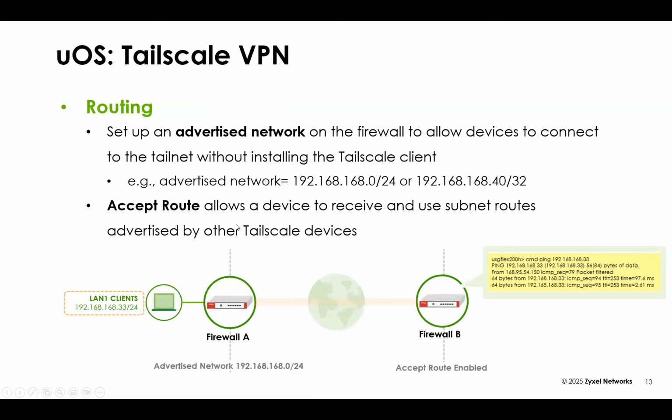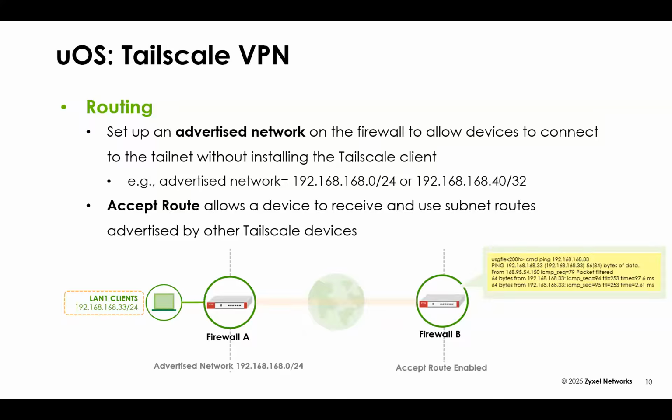When it comes to routing on the firewall, and we're going to go through the setup in just a moment, once you've obtained that key from the Tailscale VPN admin dashboard, you're going to go into your firewall and input that key, and then decide which clients on your local side of your firewall will have access to the Tailscale VPN network. So here we have firewall A and firewall B. On firewall A, we have LAN clients that have the subnet 192.168.168.0/24.